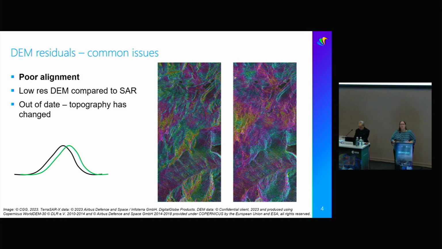The GLO30 data was offset. And you can see in the image on the left, there's really quite considerable signals along those mountain ridge crests where all of the topography is slightly to the left of where it should be. And on the right, once we did proper alignment, those signals all disappear.